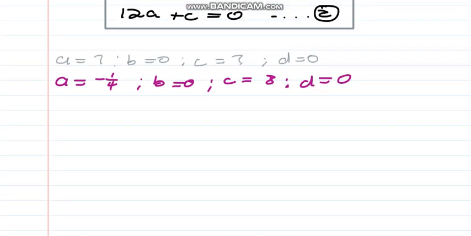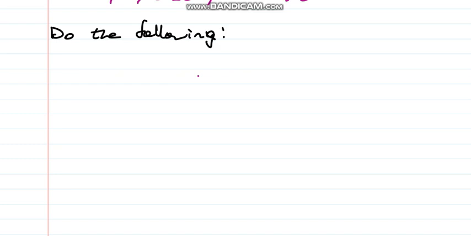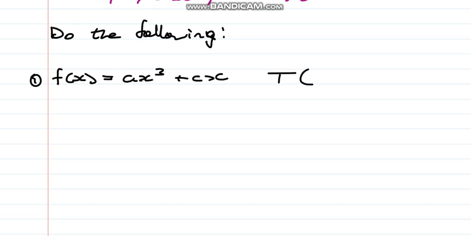Let me give you something to do for this class, because I still have time to do that. Okay, cool. So please do the following. This is what people normally struggle with, so I'll give you two of these. Number 1: f of x is equal to ax cubed plus cx, very close to what we had, and I give you point t, which is minus 2 and minus 16.